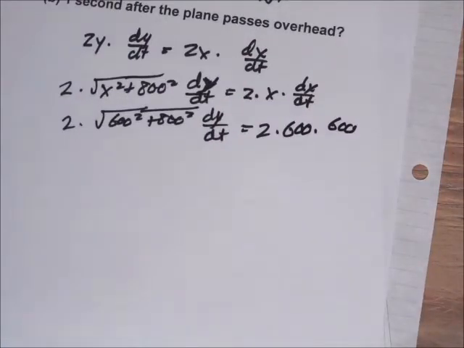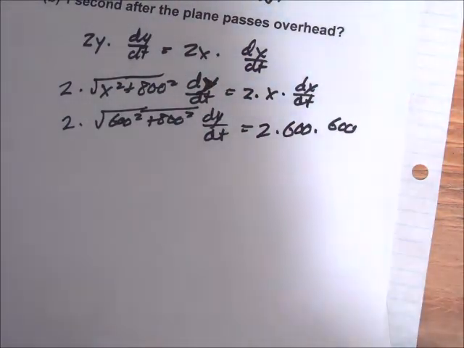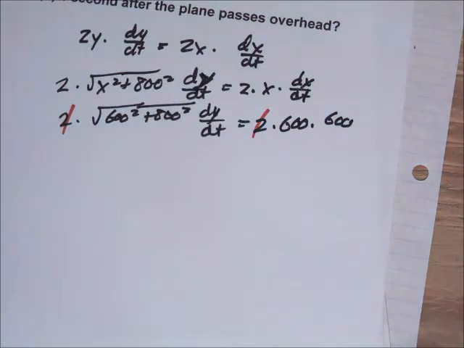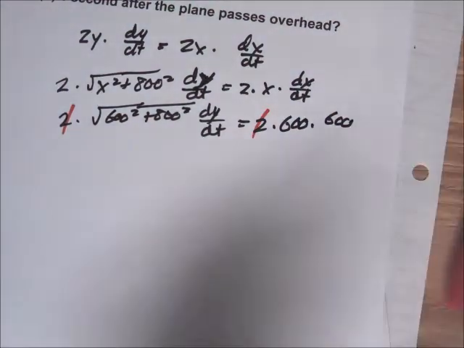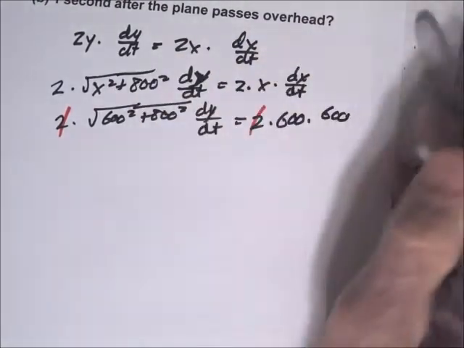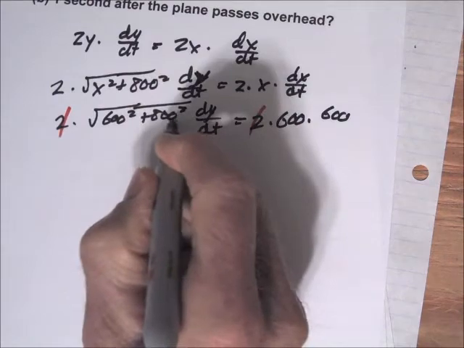So we can cancel the 2's here, and this is just going to be 1,000. So we have the square root of 600 squared plus 800 squared.